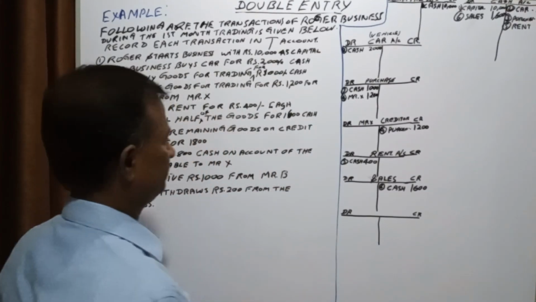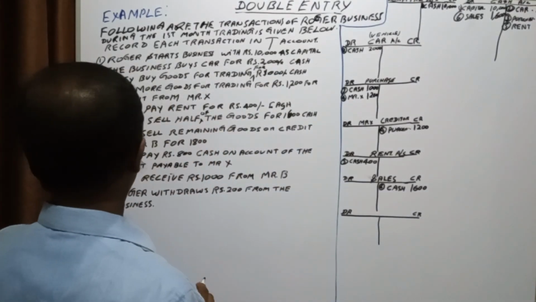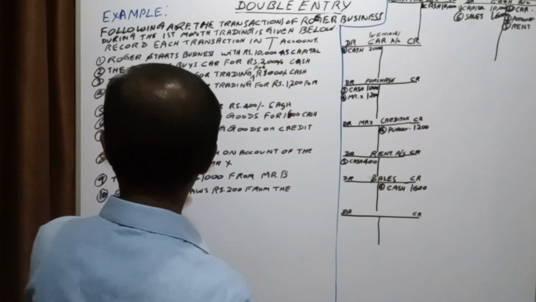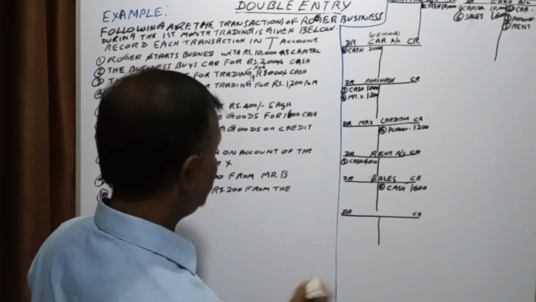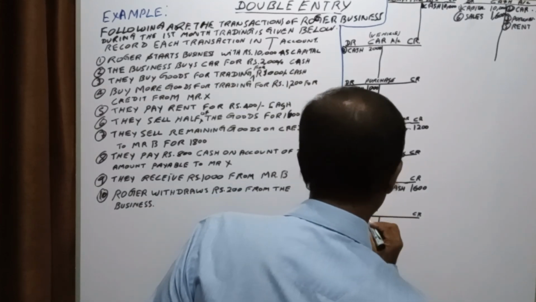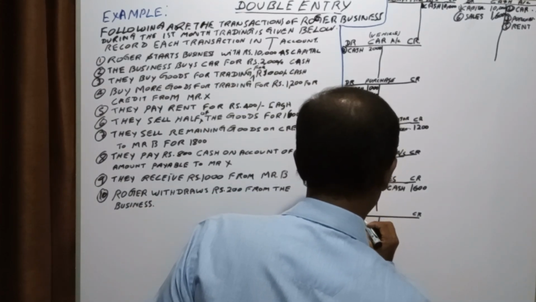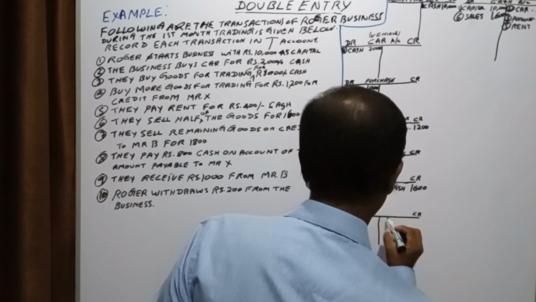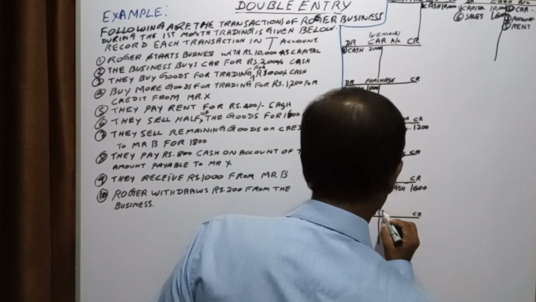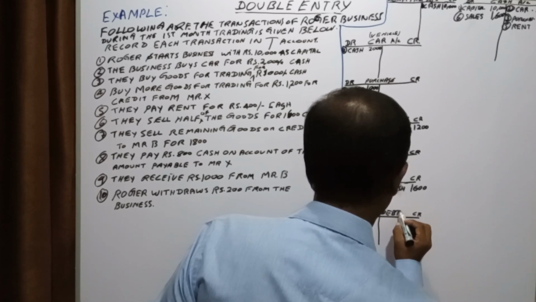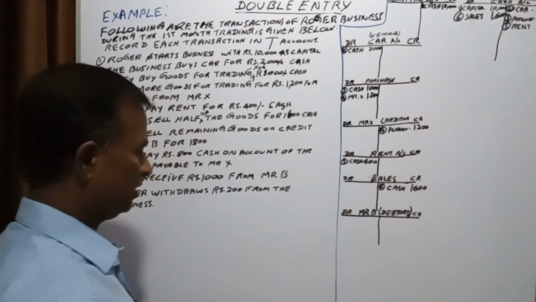What we said, they sell remaining goods on credit to Mr. B, right? This is Mr. B, called debtors. We call this account debtors.